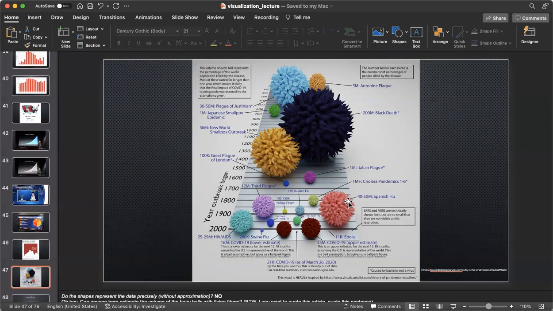For example, this is the plague from the first centuries of the last millennium, the plague of Justinian, smallpox epidemics, Spanish flu, Ebola, and then the more recent COVID epidemics. These are lower and upper estimates. I'll just let that sit there, and then if I could have everyone's opinion on that.